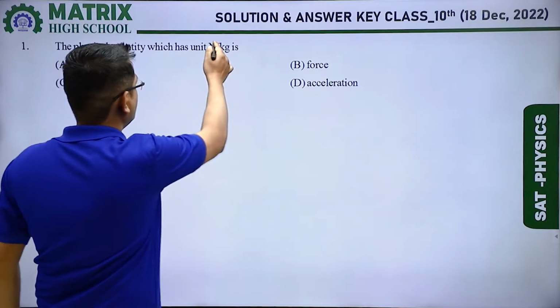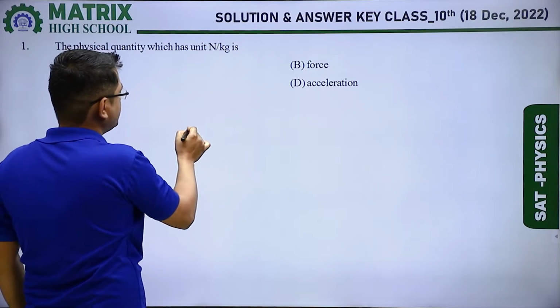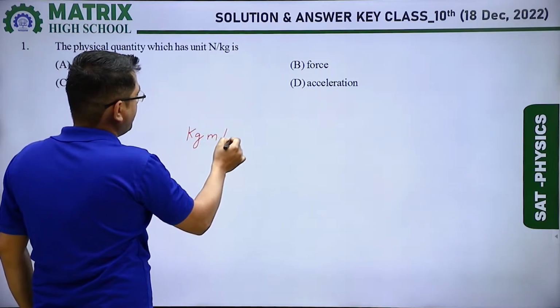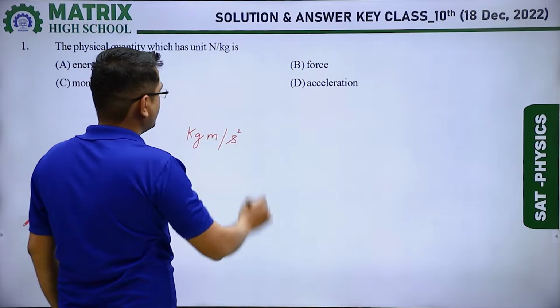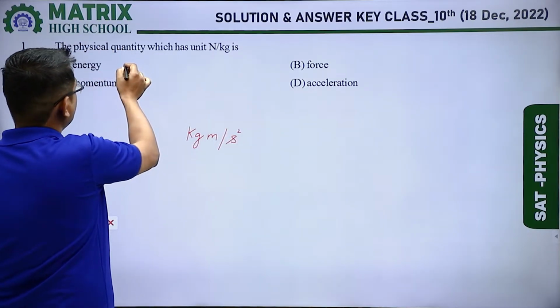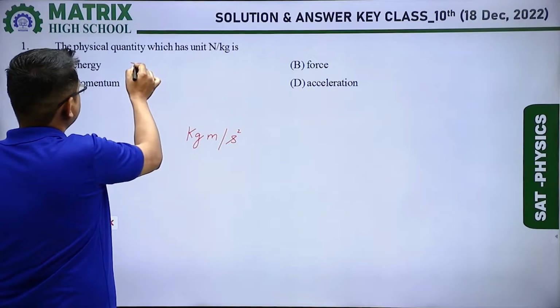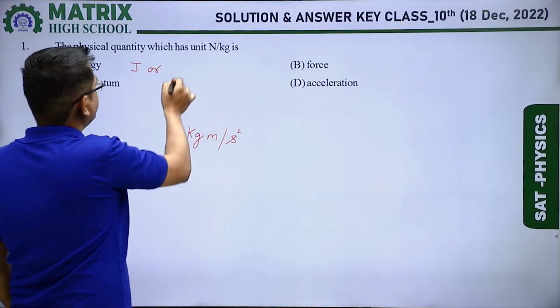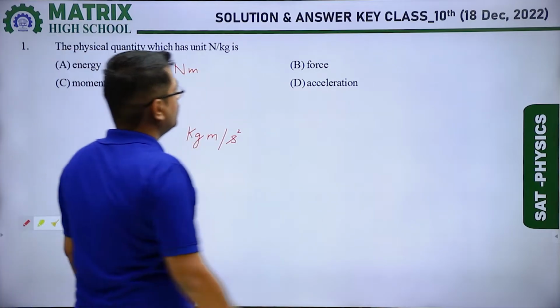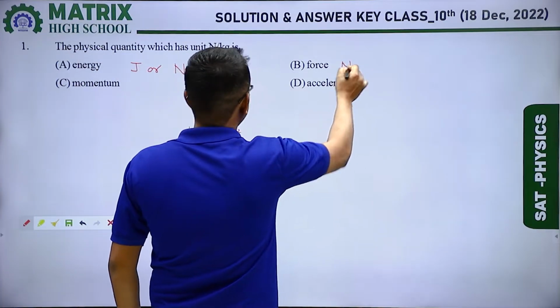Let me explore this Newton first. Newton can be written as kg meter per second square. For energy the unit is joule, or we can write it Newton meter. For force the unit is Newton.